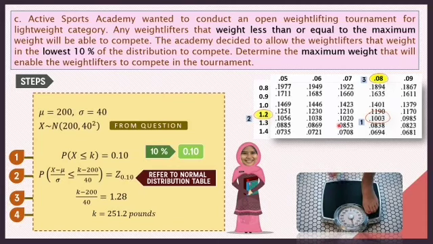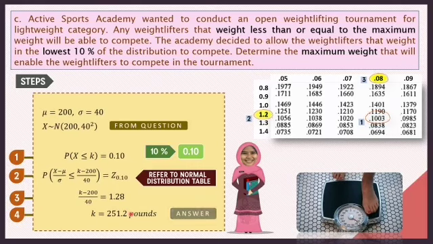As you can see here, the value of z is equal to 1.28. So, k minus 200 divided by 40 is equal to negative 1.28. Then, after we calculate, the final answer for this question is k equal to 251.2 pounds. So, this is the final answer.